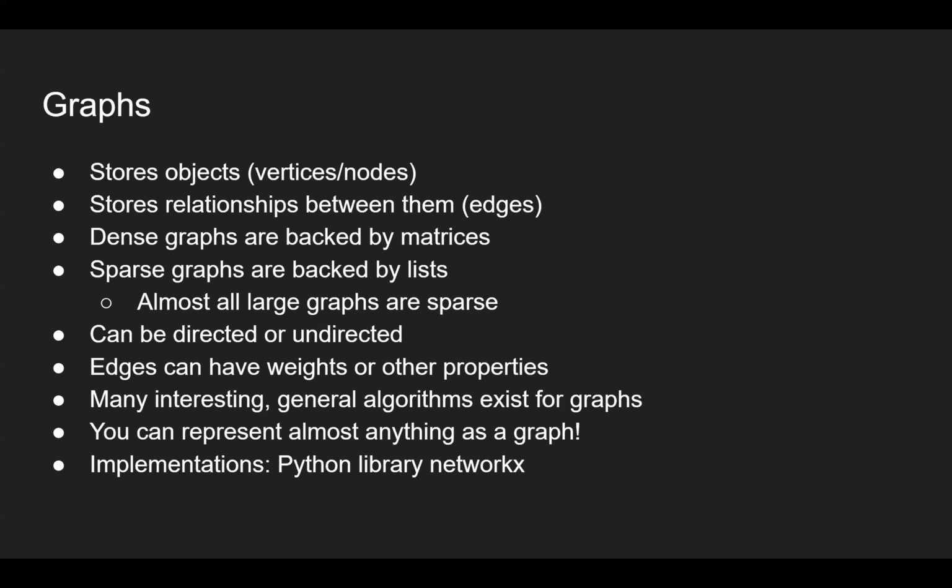But a graph is a two-dimensional structure, at least where its edges are concerned, in the sense that you have just a list of objects somewhere, and any object can theoretically have a relationship to any other object.